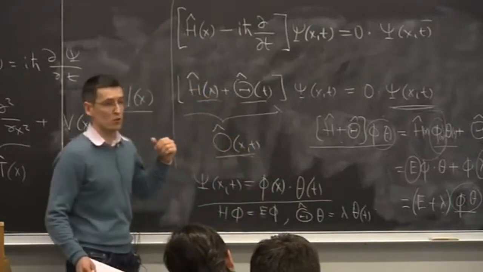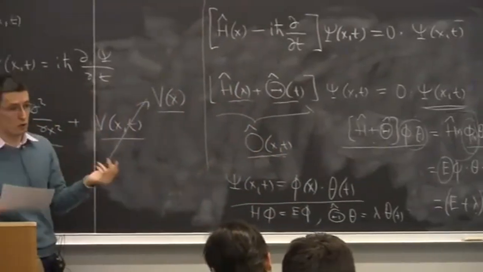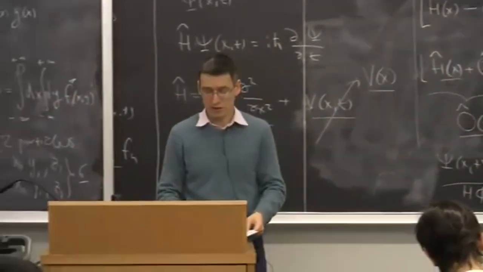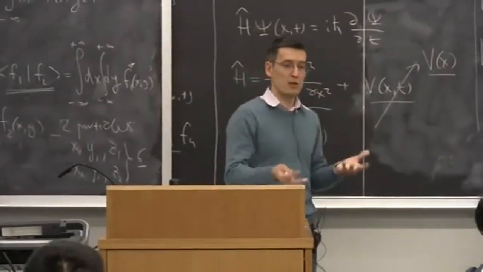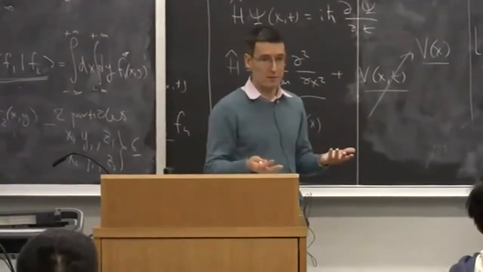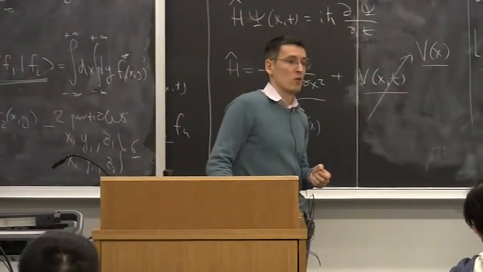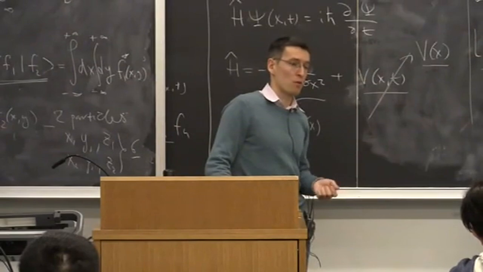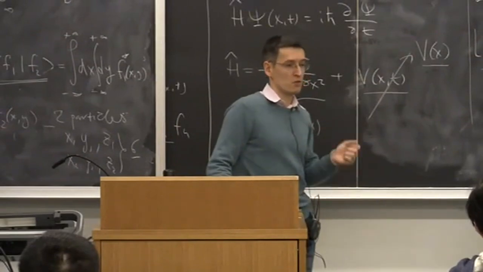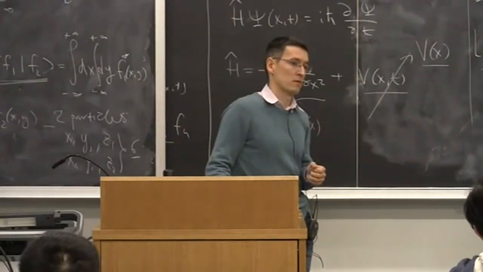Okay? So whenever in differential equations you can break down a two-dimensional problem into two one-dimensional problems, well, that's a big deal. Okay? Because solving one-dimensional problems is much easier than solving two-dimensional problems.